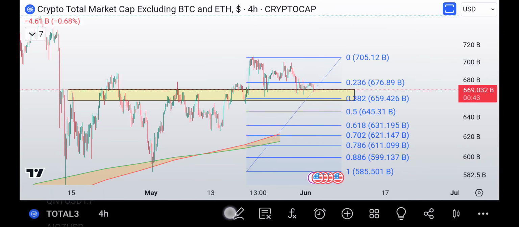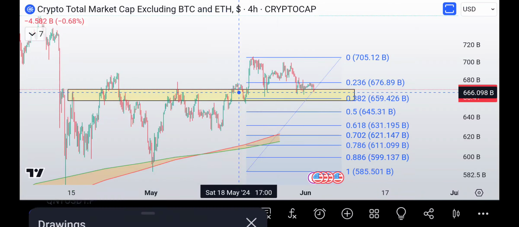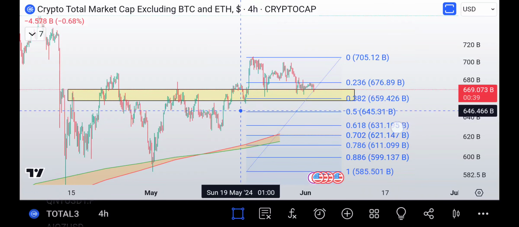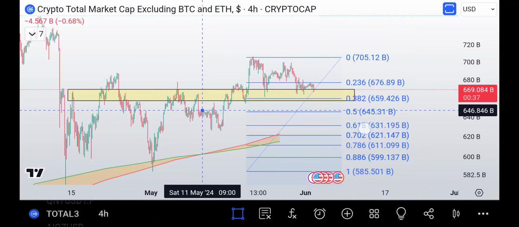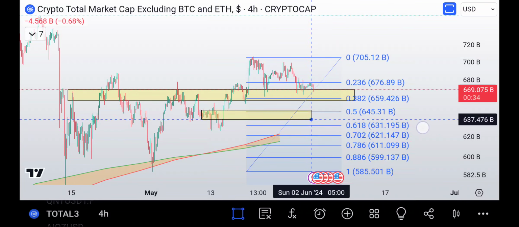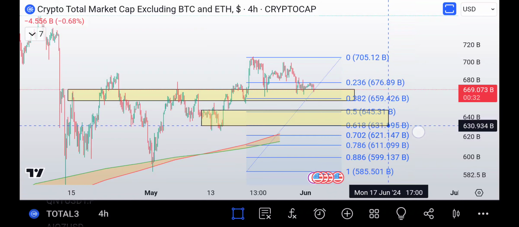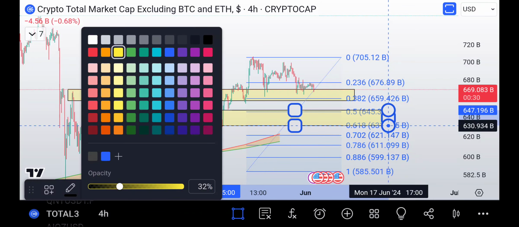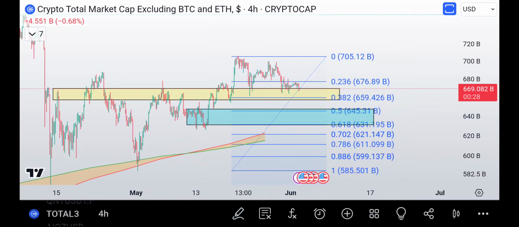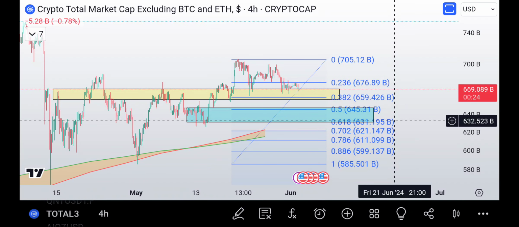So I would actually say we are very bullish as long as we stay above here. That would be the area that I would look for if we did break this yellow area. It would come in around 631 billion to 645 billion, and right now we're at 669 billion.